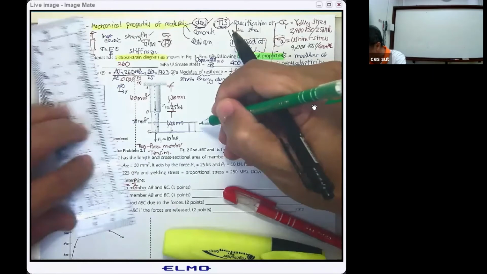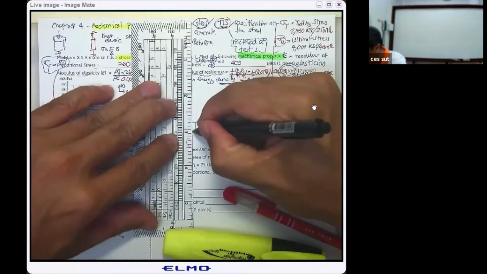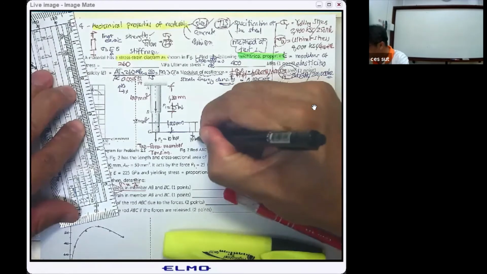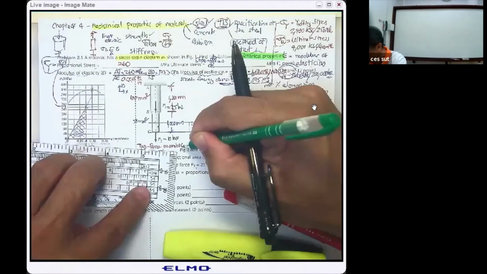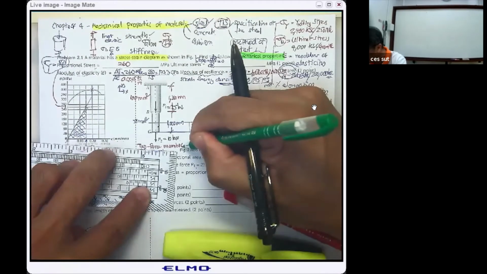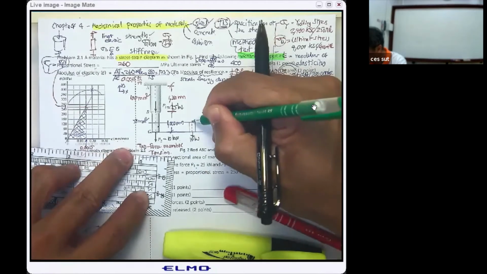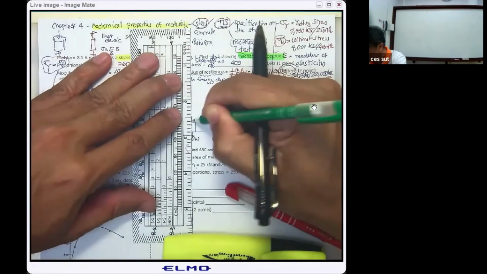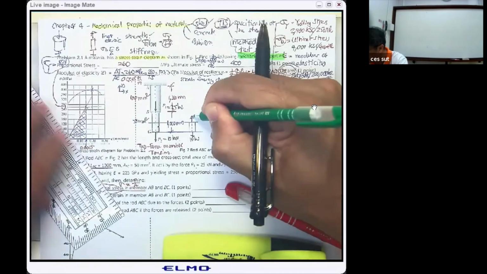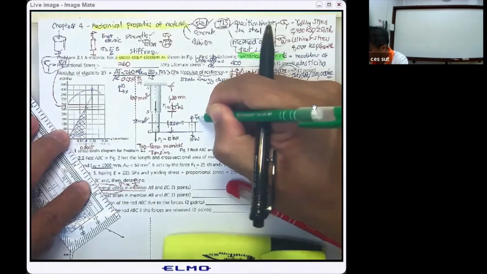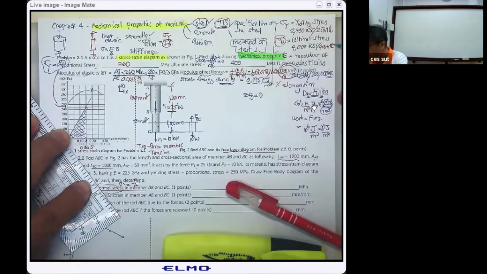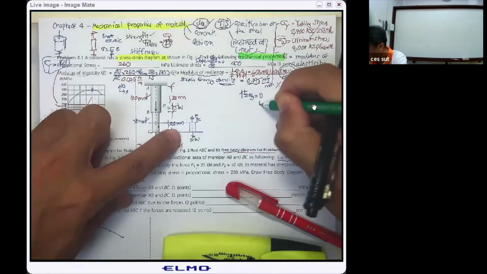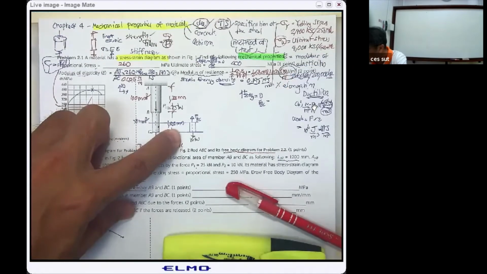This is going to be the X, and this is going to be the Y. Under the application of the 10 kilonewton, this structure will be subjected to axial loading, and due to the two force member, this is going to be the tension F sub BC. Then if you use the summation of F sub Y equal to 0, upward is positive, you have F sub BC equal to 10 kilonewton.